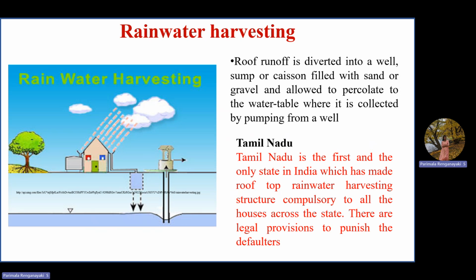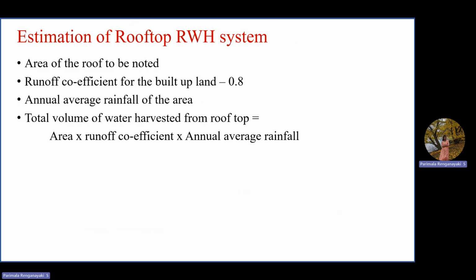Rooftop area of the house should be considered, along with the annual average rainfall of the area and the runoff coefficient for the built up land. Mostly we just consider a flat concrete roof. In such a case, the runoff coefficient is 0.8. So the total volume of water harvested from the rooftop is area of the roof, times runoff coefficient, times annual average rainfall of the particular year, and that gives how much water can be stored.